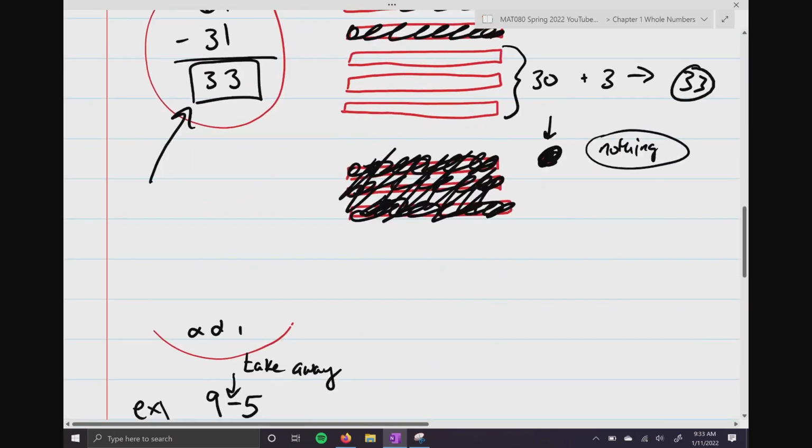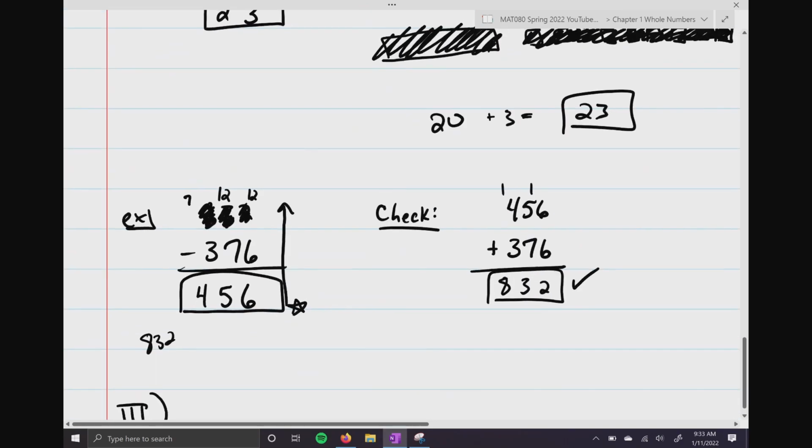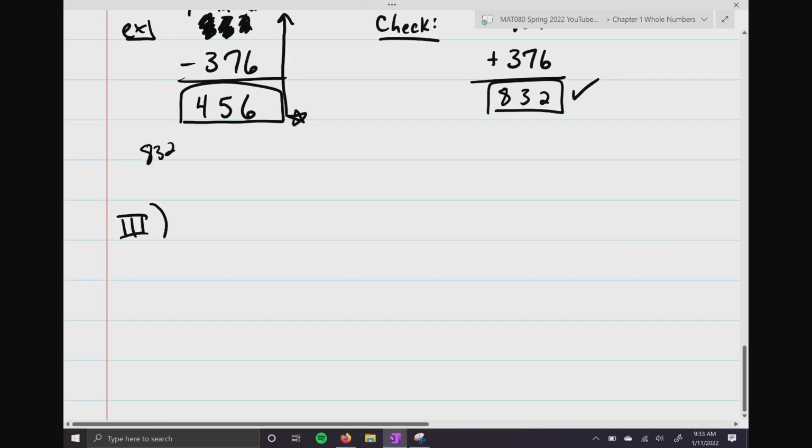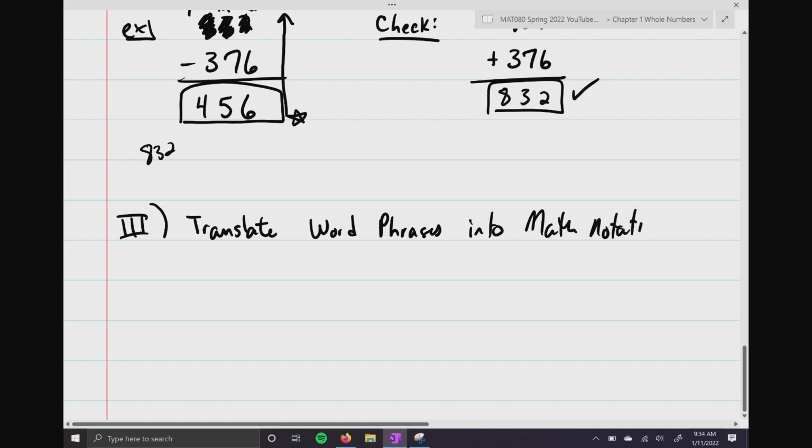All right. And then here's number 3, which is going to be translate word phrases into math notation.